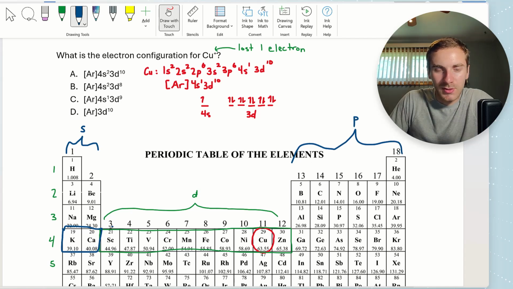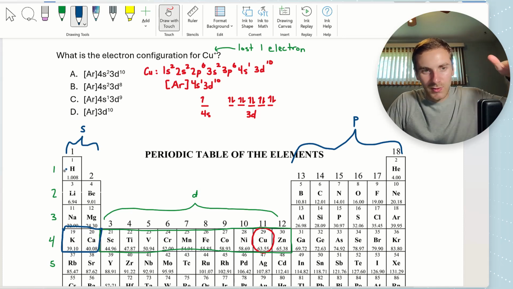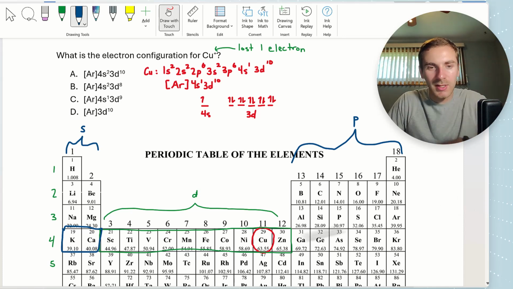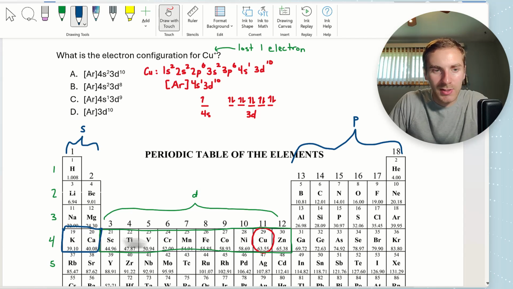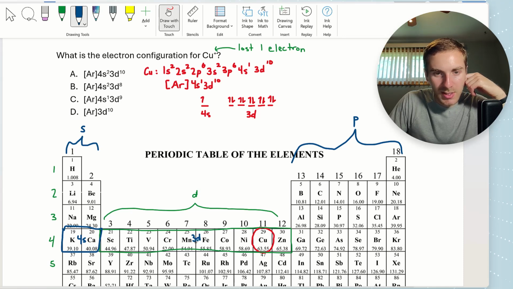I already mentioned 3 through 12 is d, and if we're in the first row, it's 1s, second row, it's 2s or 2p. It's just with d, you do -1. So if we're in the 4th row, this is 4s, but for d, we do -1, so this is actually 3d, not 4d. And then once we get to p, well, we don't for copper, but if you did, this would go back to being 4p.